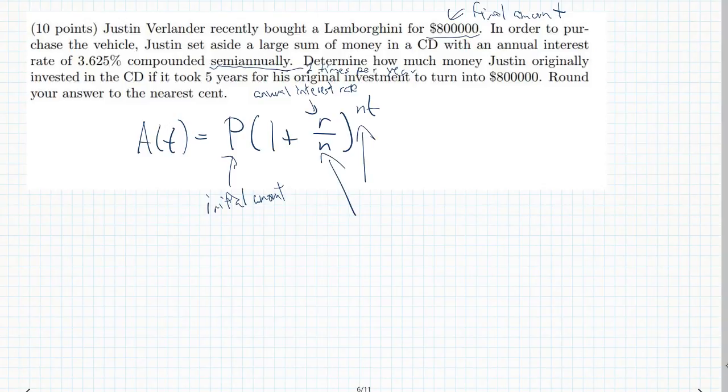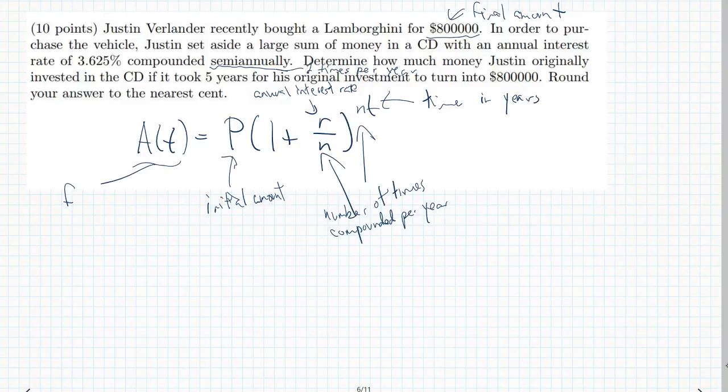It's written as a decimal. N is the number of times compounded per year. And T is the time in years. And then this A of T is the final amount.